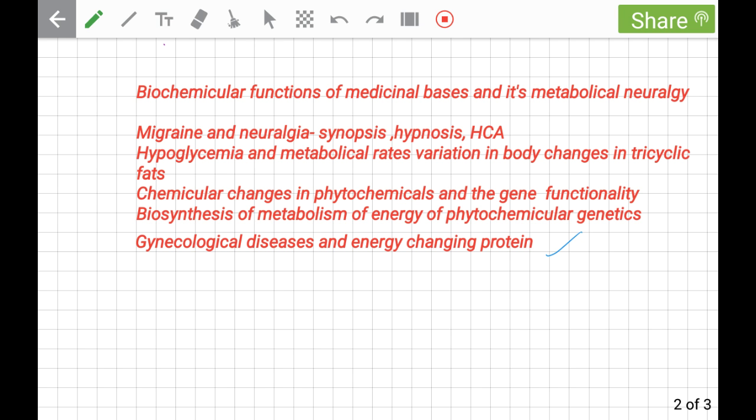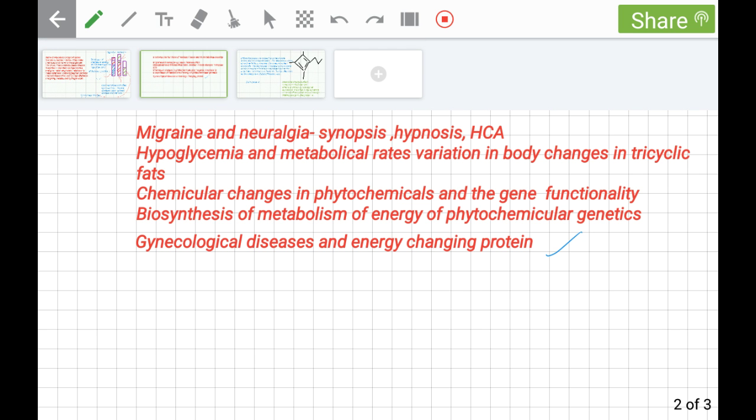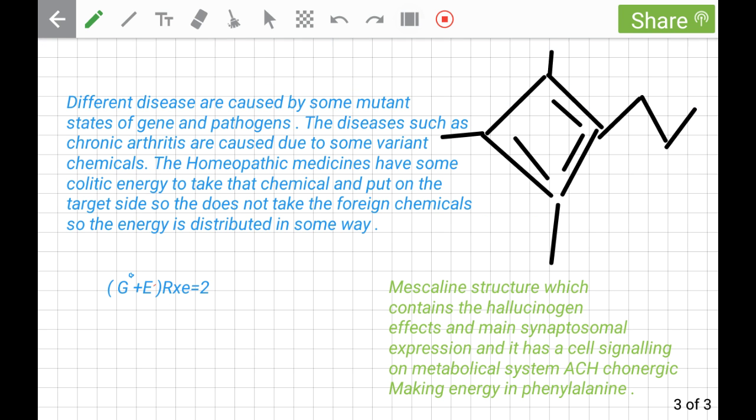The word gynecological means that it is a spreading thing which has different logies. So next one is that the next structure we will describe here, the powerful medicinal basis that changes the life and aging chemicals.